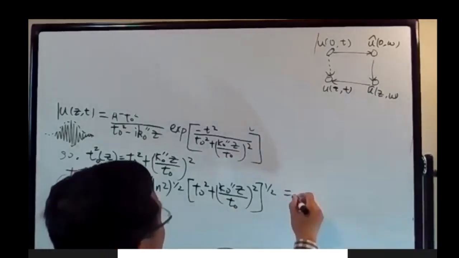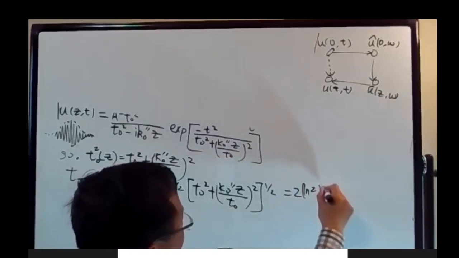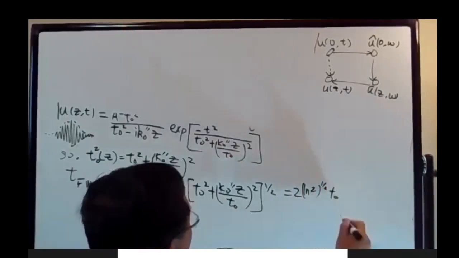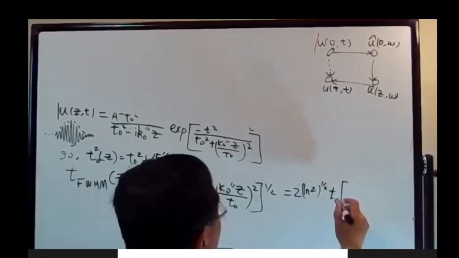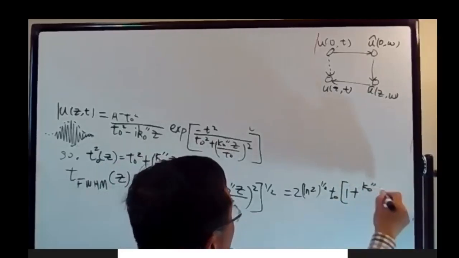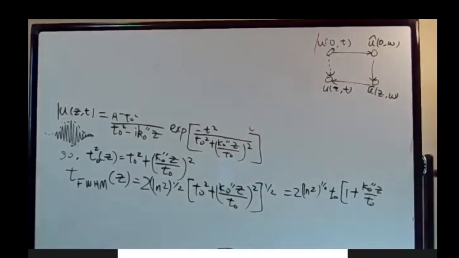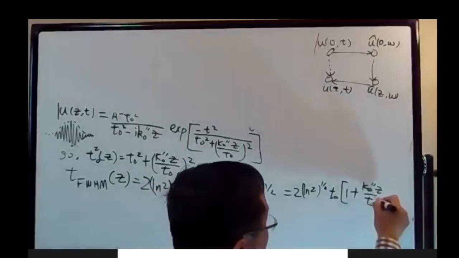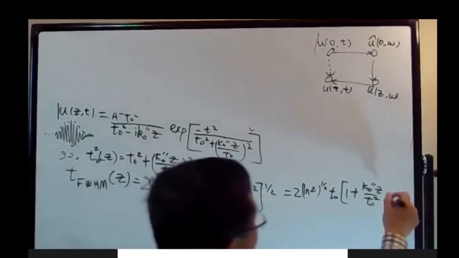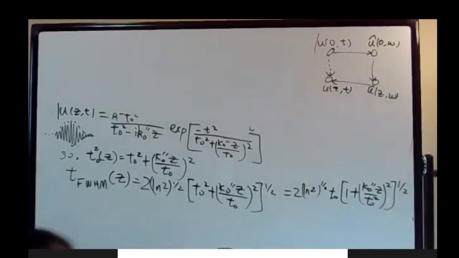It becomes 2 natural log 2, 1 over 2 T naught, and then in the bracket 1 plus K naught double prime Z over T naught square, and then take the square root.